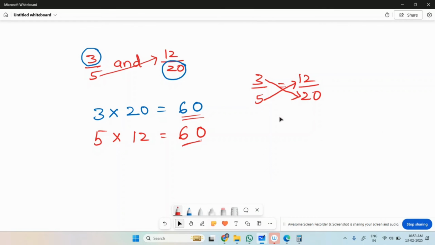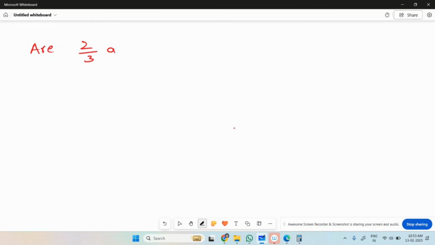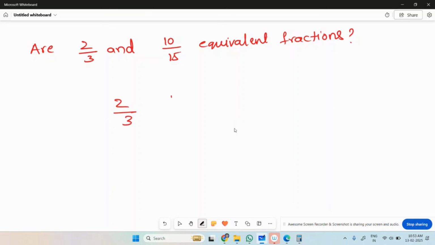Let's solve some questions based on finding out whether two fractions are equivalent or not. Are 2 upon 3 and 10 upon 15 equivalent fractions? Let's cross multiply. 2 upon 3, 10 upon 15. First fraction's numerator with the second fraction's denominator.